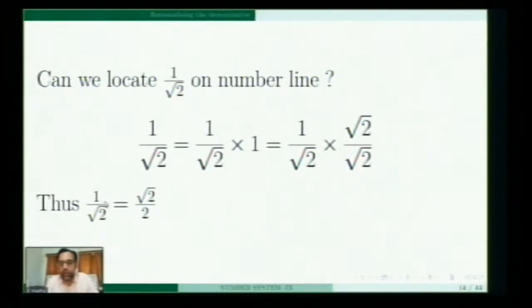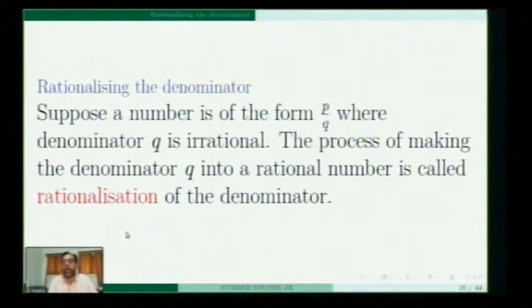So what we have made here is, the denominator was an irrational number, and we converted it into a rational number. That is the process called rationalizing the denominator. So we say that suppose a number is of the form p by q, where q, the denominator, is irrational. The process of converting that denominator q into a rational number is called the rationalization of the denominator. So this is a process. Different problems we can see in that one. Okay, I think it is clear.